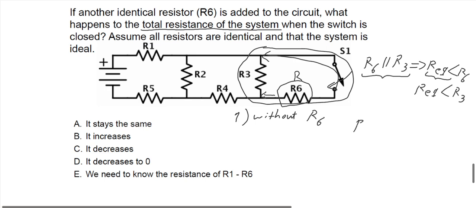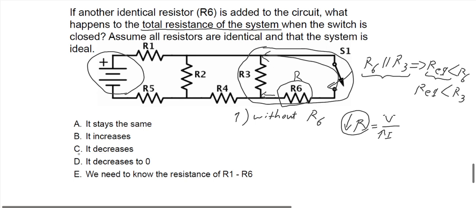And we know, based off Ohm's law, the voltage has not changed because the source voltage is DC and it's not changed. If the resistance is decreased, the current will increase. But this is not what the question is asking. It's just asking what happens to the resistance.